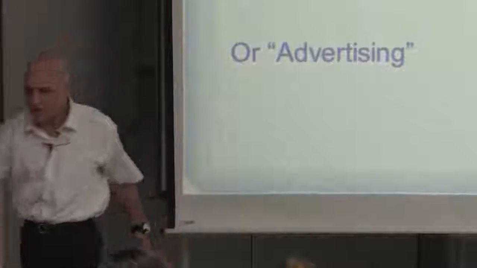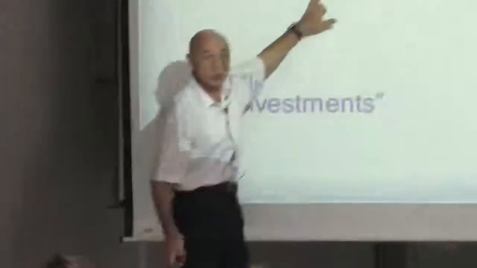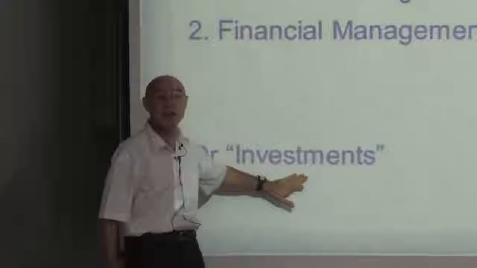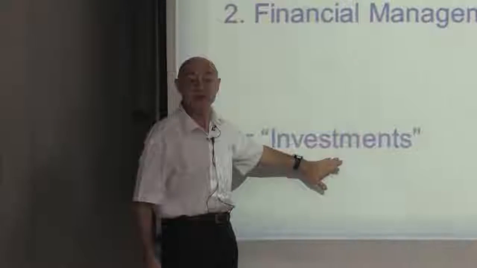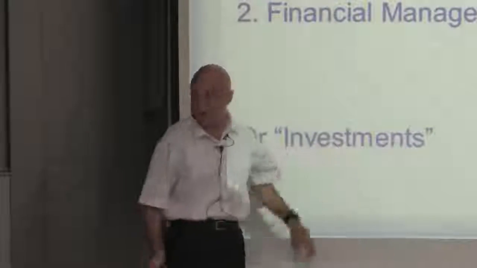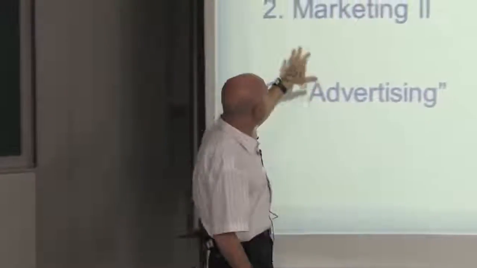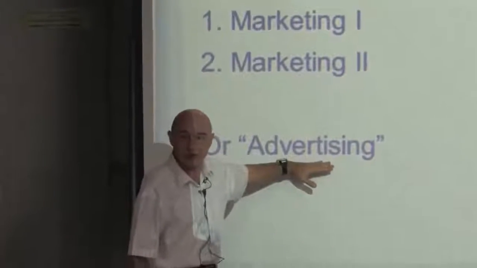advertising. Now, from the previous screen, I think I forgot, sometimes financial management two is also separated out as a separate course called investments. So instead of two, you get investments. For marketing, instead of marketing two, they just call it advertising.